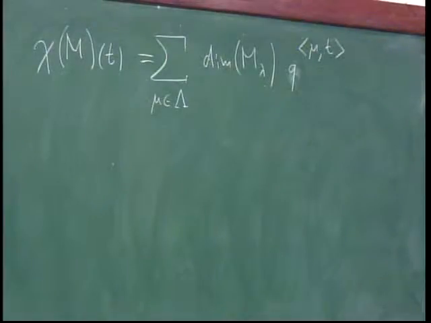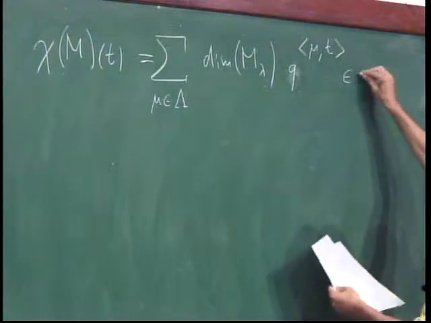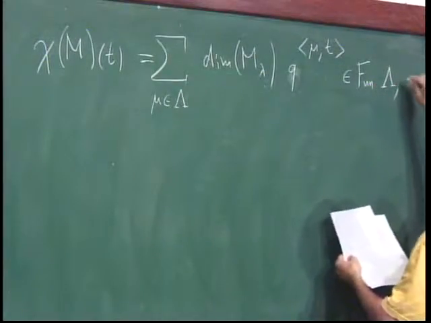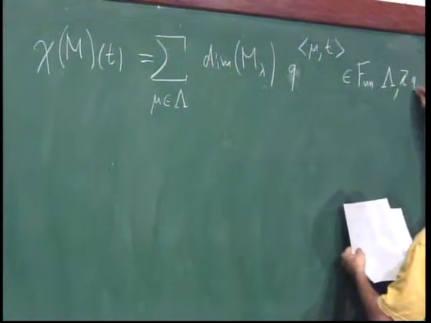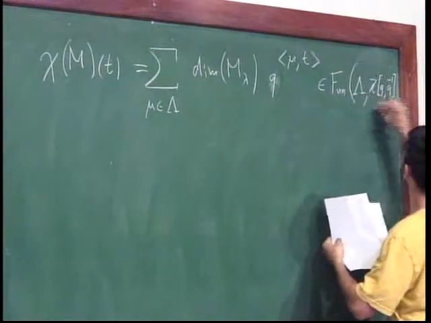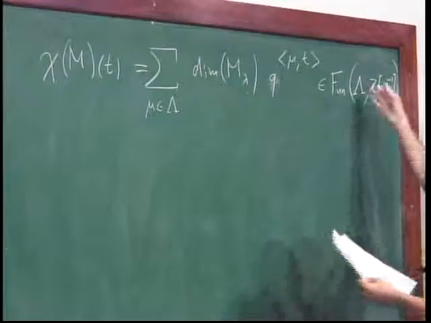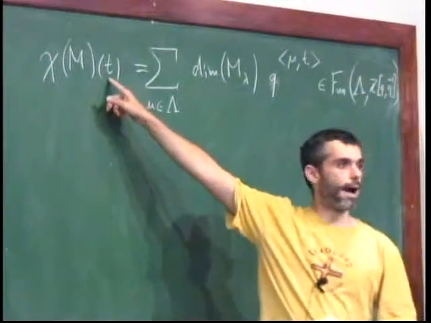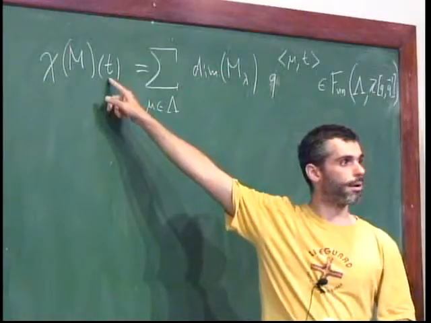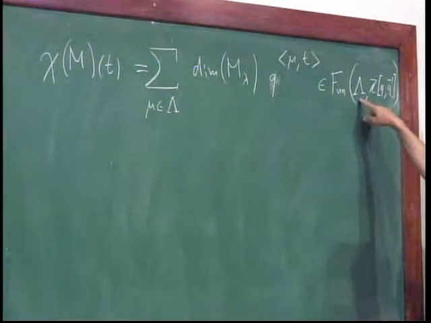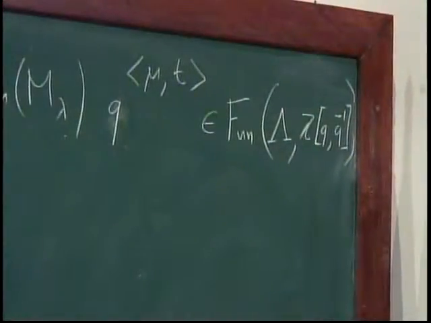And now I'm going to think of it as being a function from lambda with values in Z adjoin q inverse. That's just thinking about what kind of values we allow for t. Before, we were allowing all kinds of values that are not necessarily sitting on the lattice, but also in between.